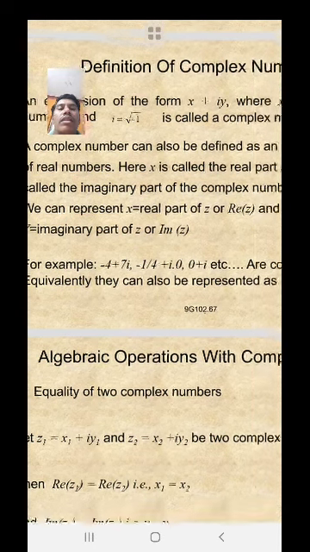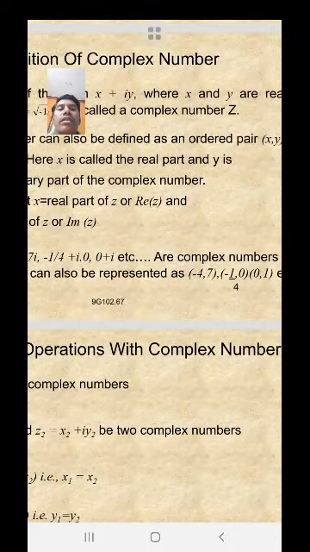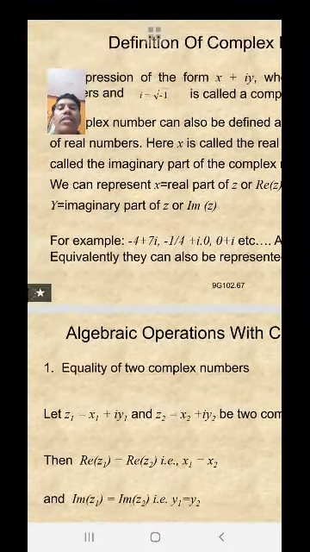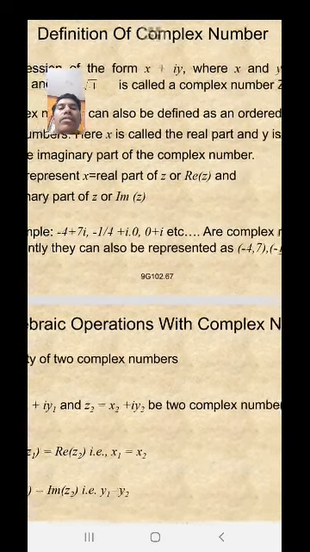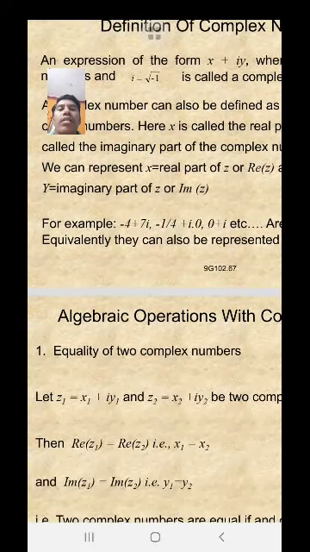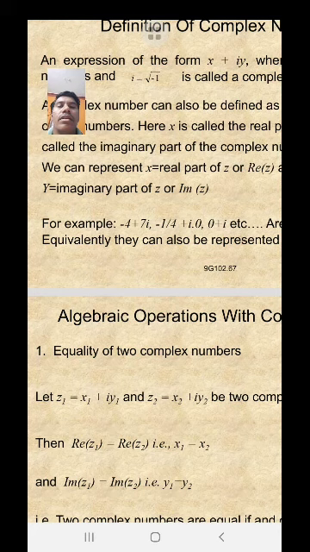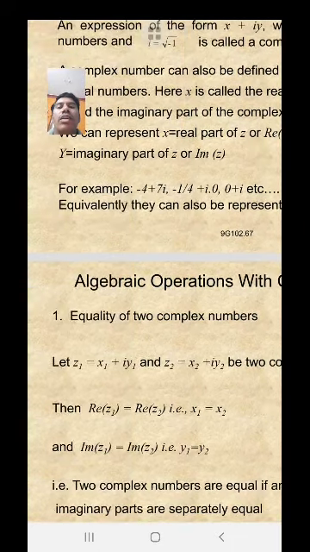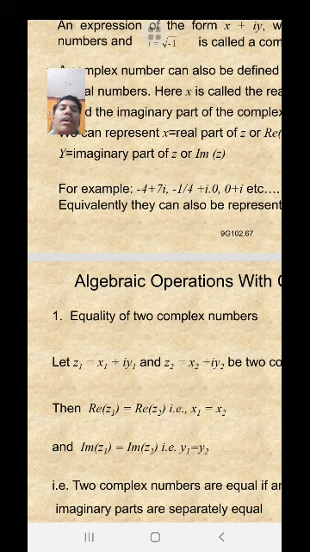Here x is called the real part and y is called the imaginary part of the complex number. We can represent x equals real part of z or Re z, and y equals imaginary part of z or Im z.